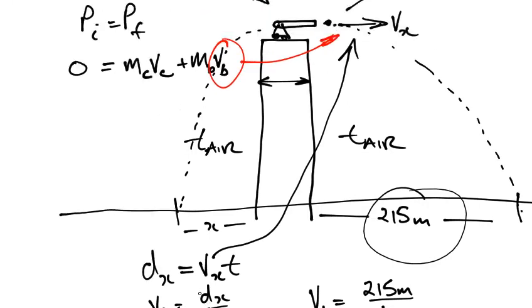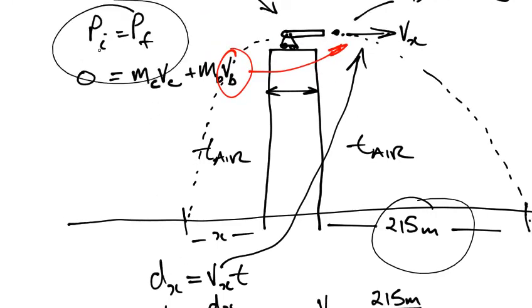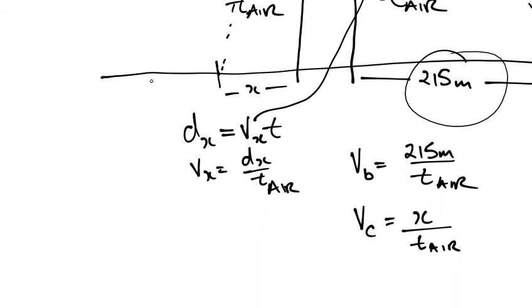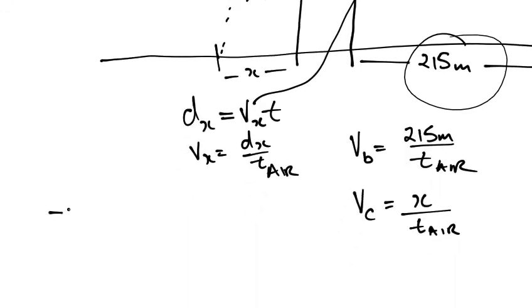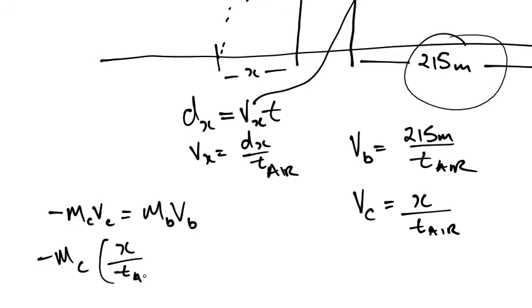Now we can go back to our original equation for conservation of momentum and rewrite it down here like this: negative mcvc is equal to mbvb. And now let's actually substitute in some things that we know. For example, vc is simply x over t air.